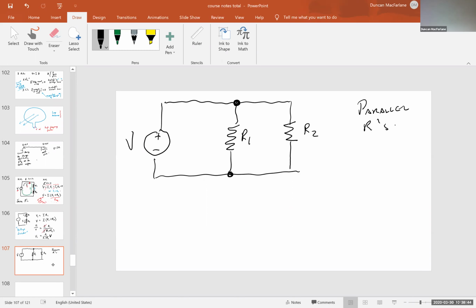So now I've got a current that flows out of the voltage that sees the parallel combination of those resistors. And at this node, the current splits into an I1 and an I2. And my minus sign convention is going to drive Samir crazy again.